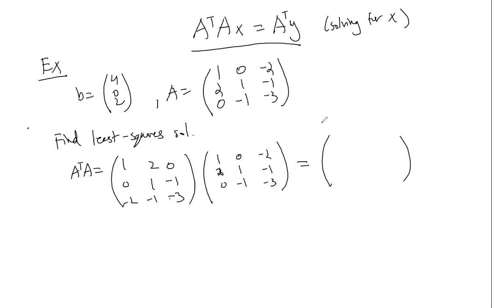In fact, the diagonal elements are just the dot products of each column. So 4 plus 1 is 5, 2, and 1 plus 4 plus 9 is 14. And then each of these entries are just dot products between pairwise columns, and the matrix you get is going to be symmetric. So it's a good way to check that you did everything correctly.